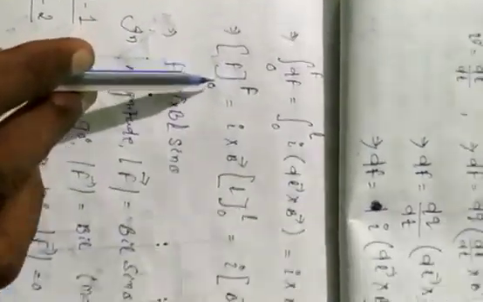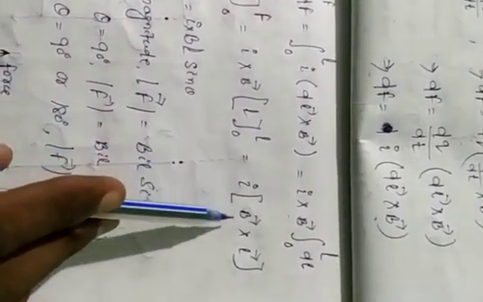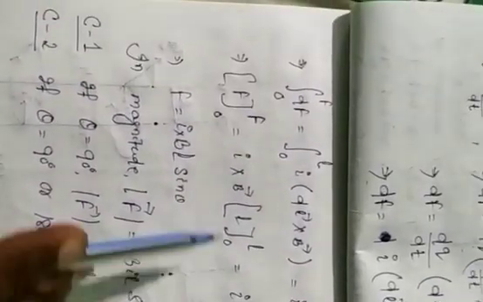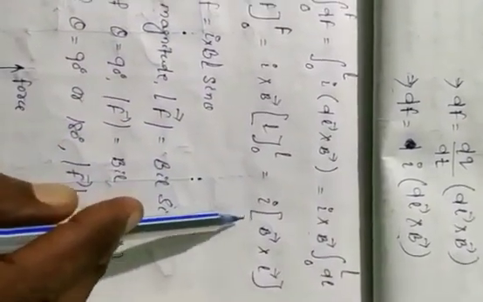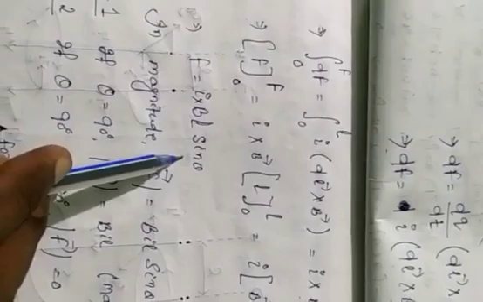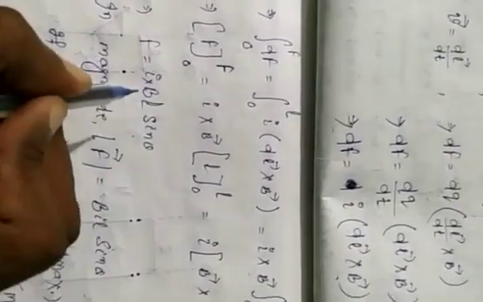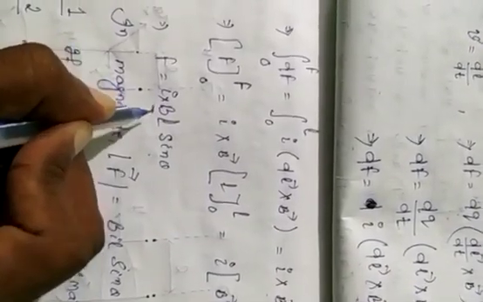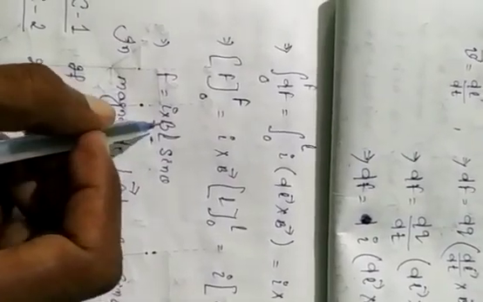So F equal to I B l, which is I into B cross l, or F equal to I B l sin theta, where theta is the angle between the direction of the magnetic field and the length of the conductor. In magnitude, mod F equal to BIL sin theta.